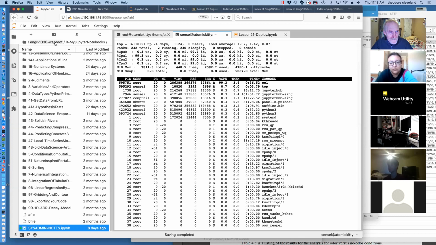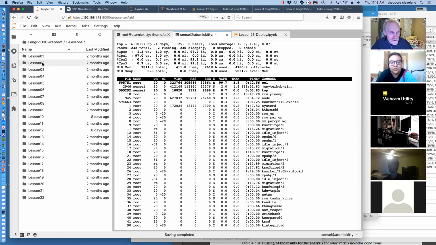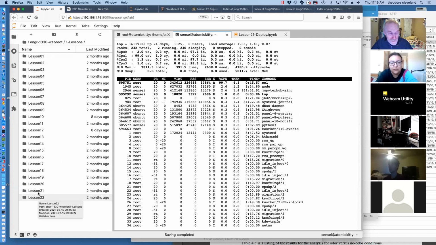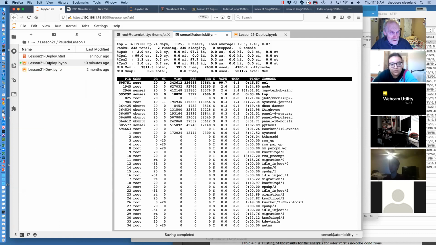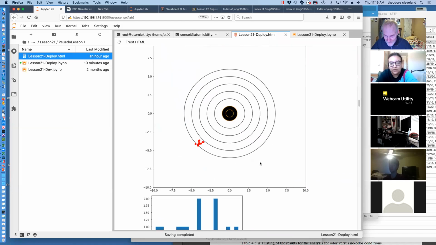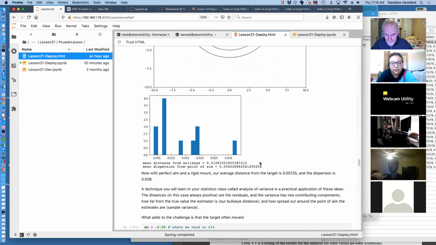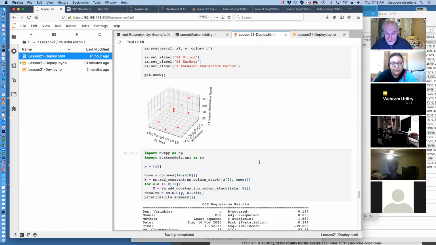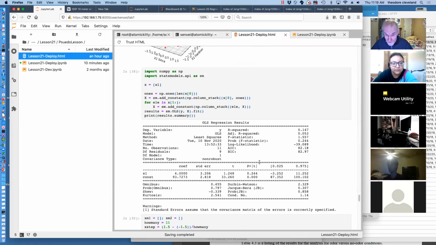But I think we made a PDF copy, didn't we? We did. Let's look at the PDF. Everything's there, and get past those little shooting pictures. Everyone loves shooting, right?